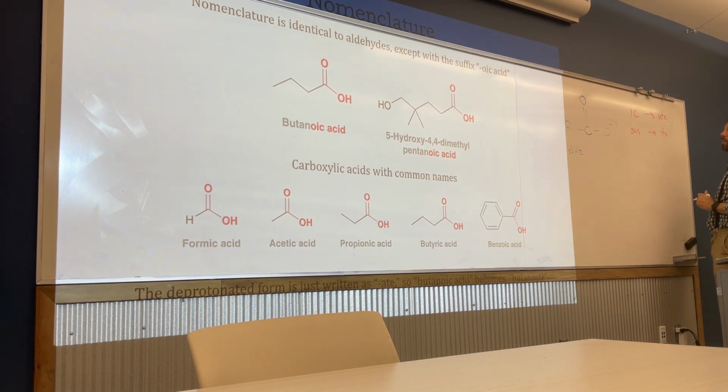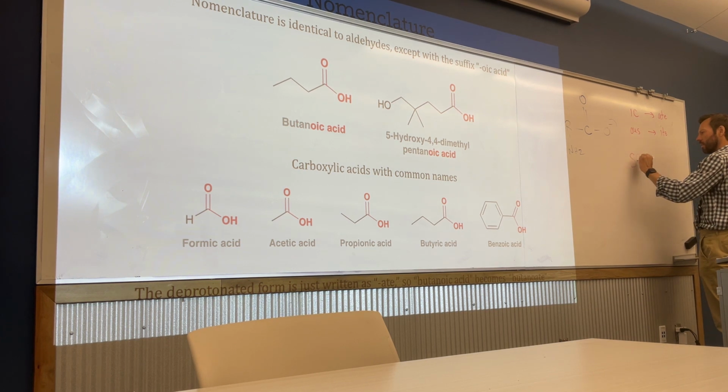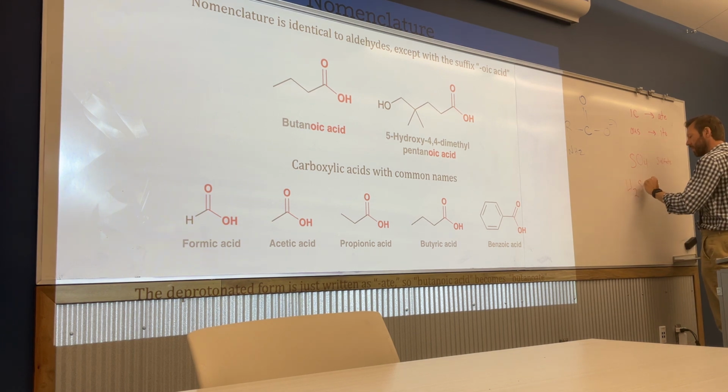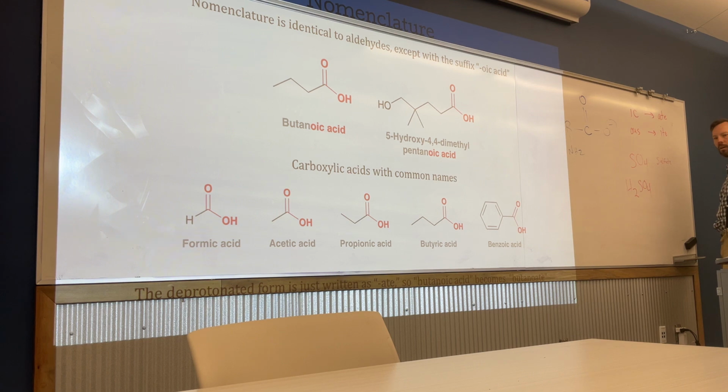So if we had SO4, that is sulfate. If we have H2SO4, we call that sulfuric acid, not sulfurous.